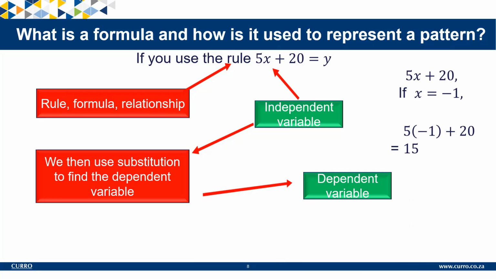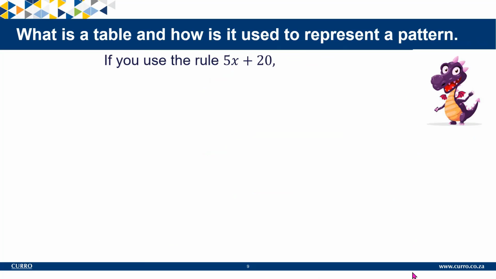So 5x plus 20, if x is -1, we substitute -1 for x, and then it equals 15. We do the same with all the other input numbers, and we can find the output number, which in this case is y. So the formula of 5x plus 20 is y is another way to represent a pattern.